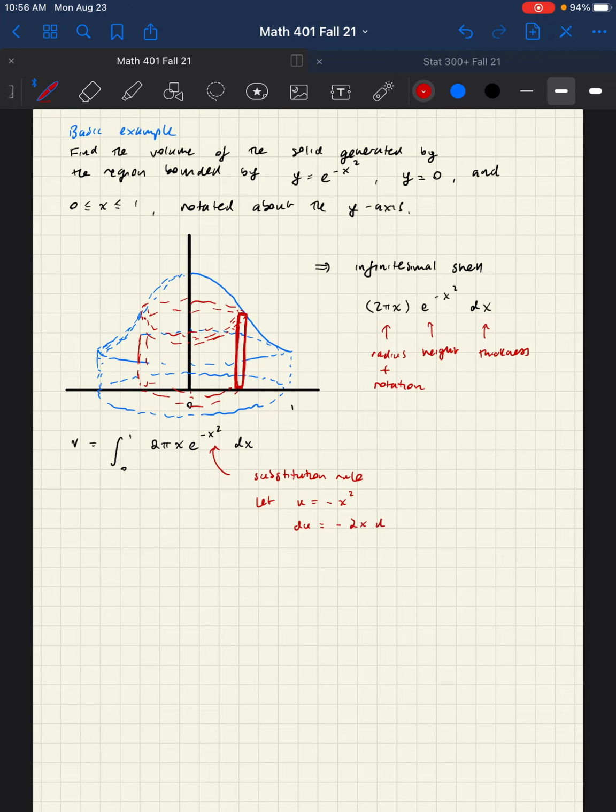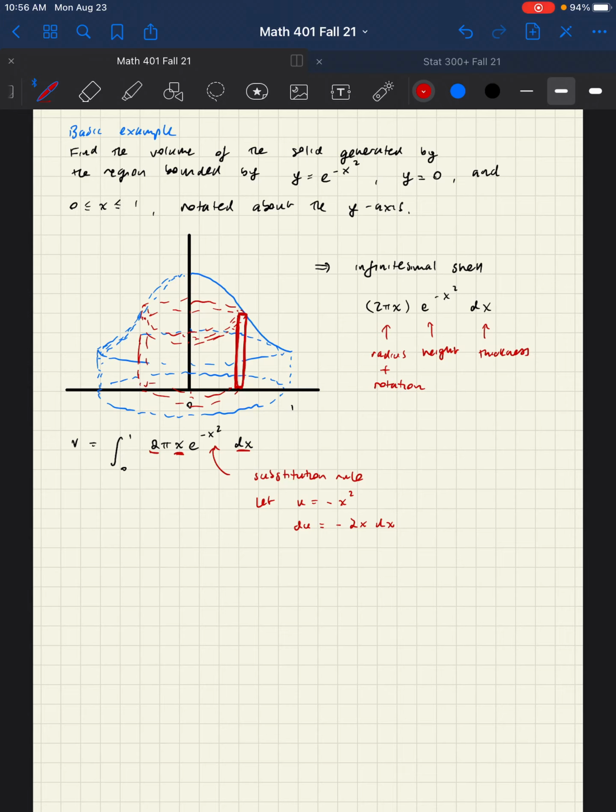So we're going to let u be negative x squared, du is going to be negative 2x dx, and the x is there. That's kind of the point here, that I'm going to replace that x dx piece using the du equation.